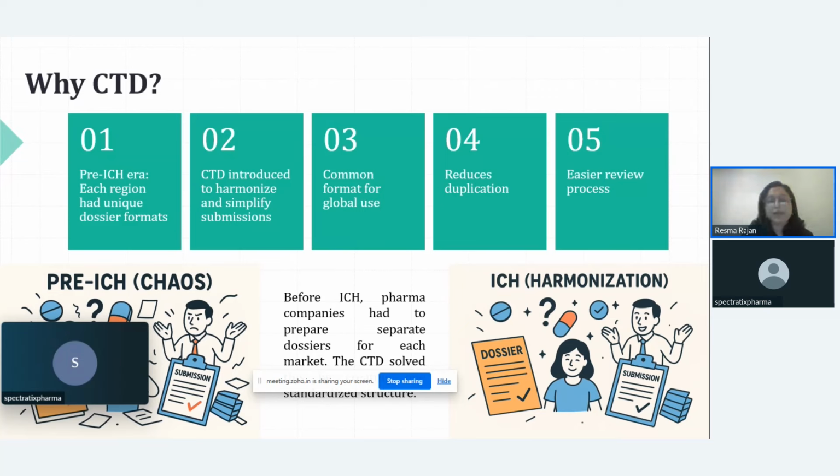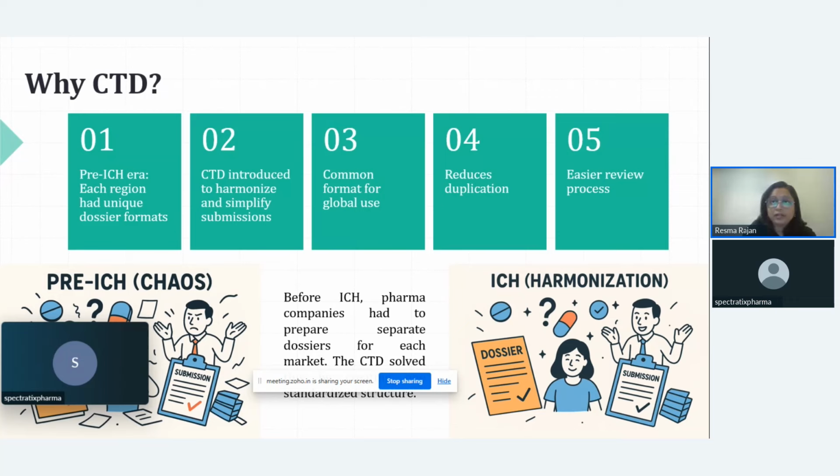Then if Japan, or Southeast Asia, or any GCC country needs to be filed, I'll have to again restructure and reformat it. So this is a high workload, with repetitive documentation, increased cost, of course, and a high probability of inconsistency in the documentation. There was no common terminology for each section of the module.